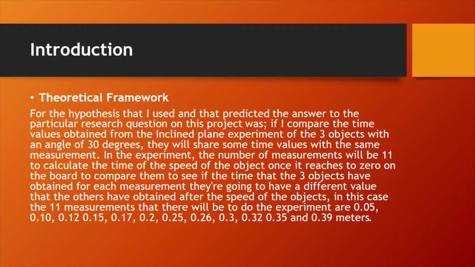In the experiment, the number of measurements will be 11 to calculate the time of the speed of the object once it reaches zero on the board, to compare them and see if the time that the three objects have obtained for each measurement is different from the others after the speed of the objects.